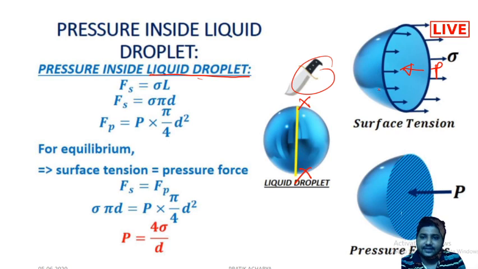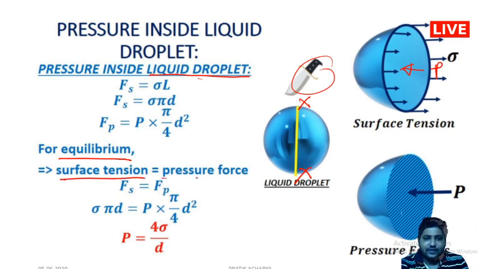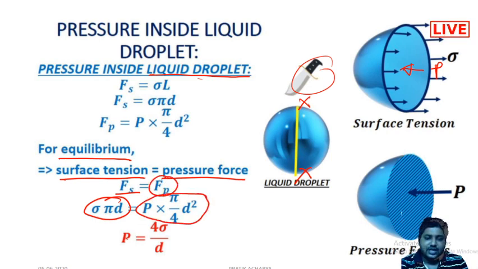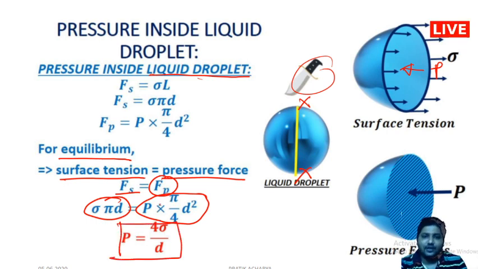If the droplet is in equilibrium, the surface tension force equals the pressure force. Surface tension force is sigma times pi d, and the pressure force is P times pi by 4 times d squared. So the increase in pressure comes out to be 4 sigma by d for a liquid droplet.